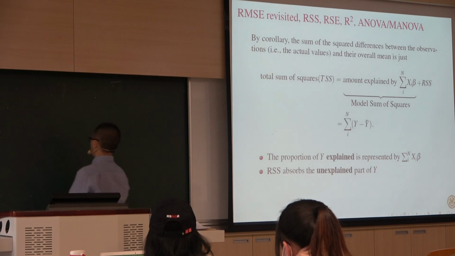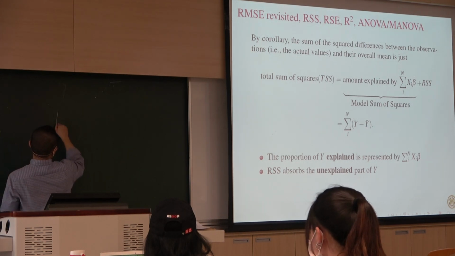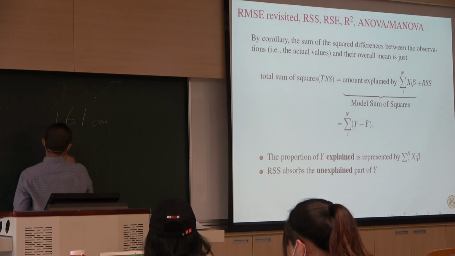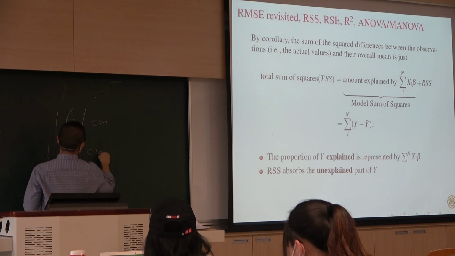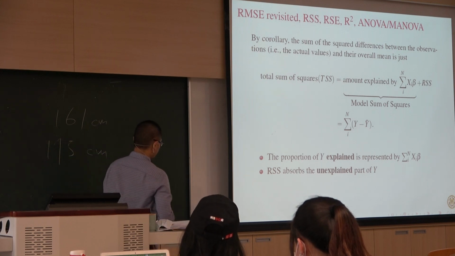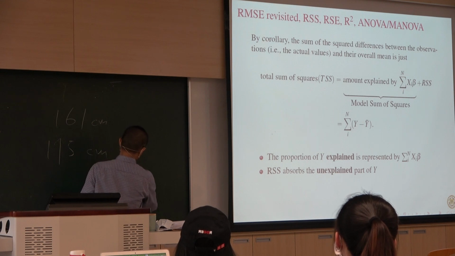So suppose we have someone who stands at 161 centimeters, another standing at 175 centimeters. We took this measure from 10 students, and the average height is like 170 centimeters.